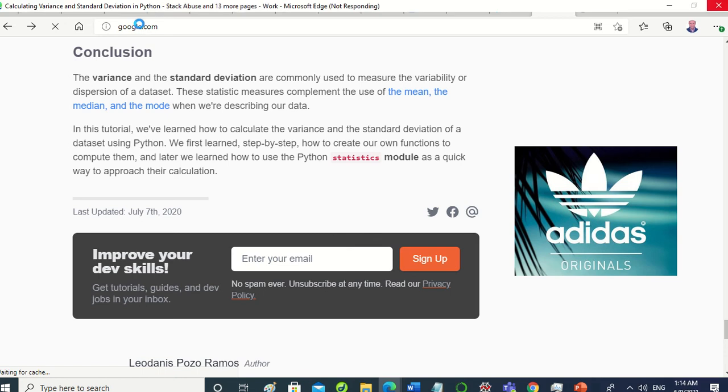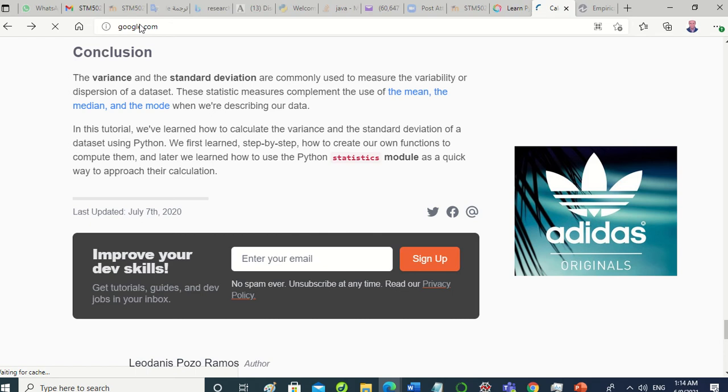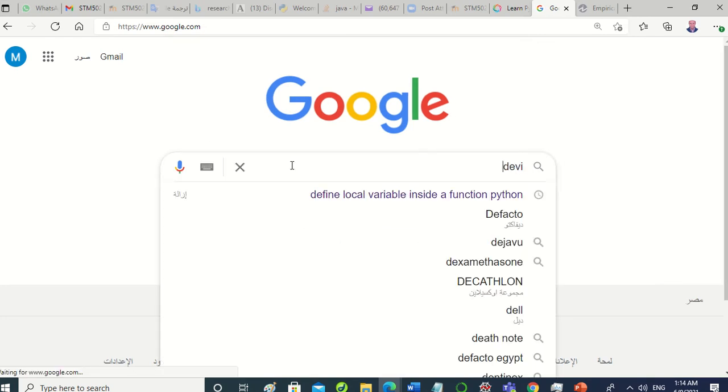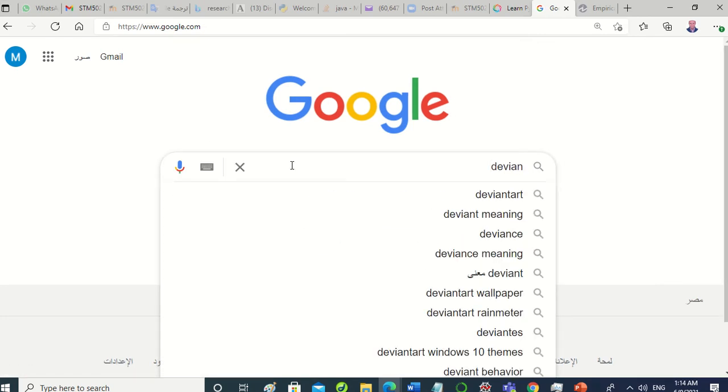And we will start with the deviation. What's the meaning of deviation? How to calculate deviation? And what's the mean? The mean is the average.